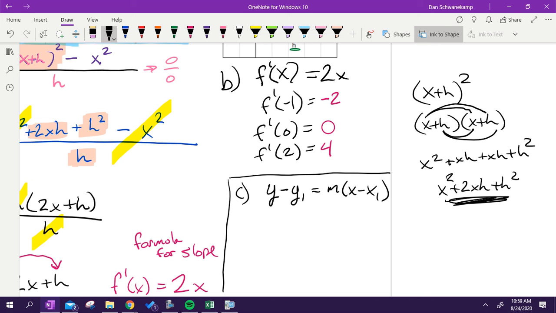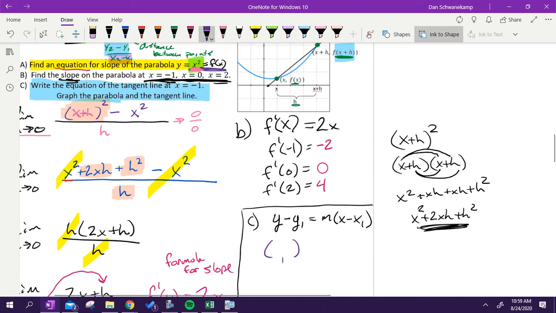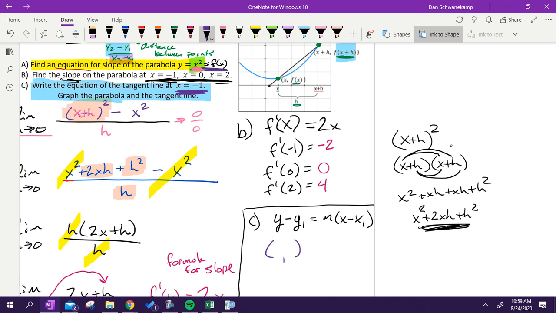There are 2 things you need for point slope formula. What 2 things do you need for point slope formula? A point and a slope. That is correct. Okay, I need a point. I need a slope. Okay, my x value is -1.